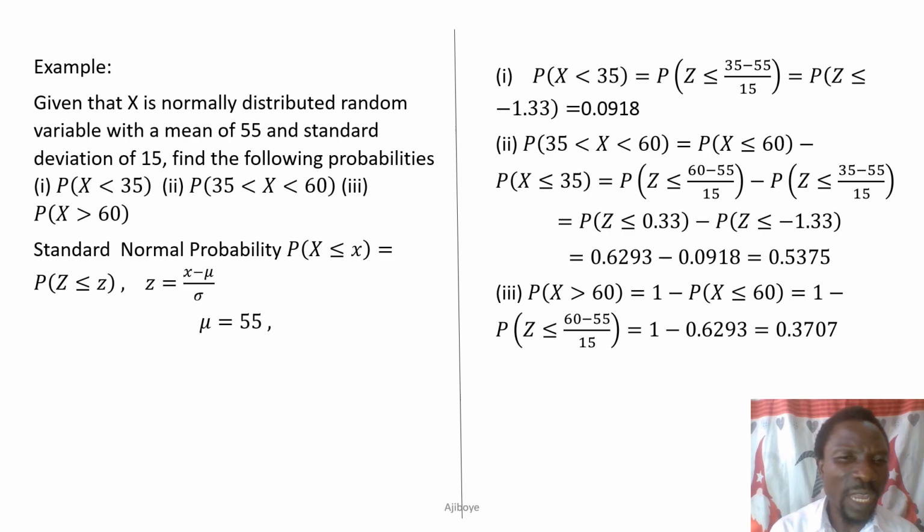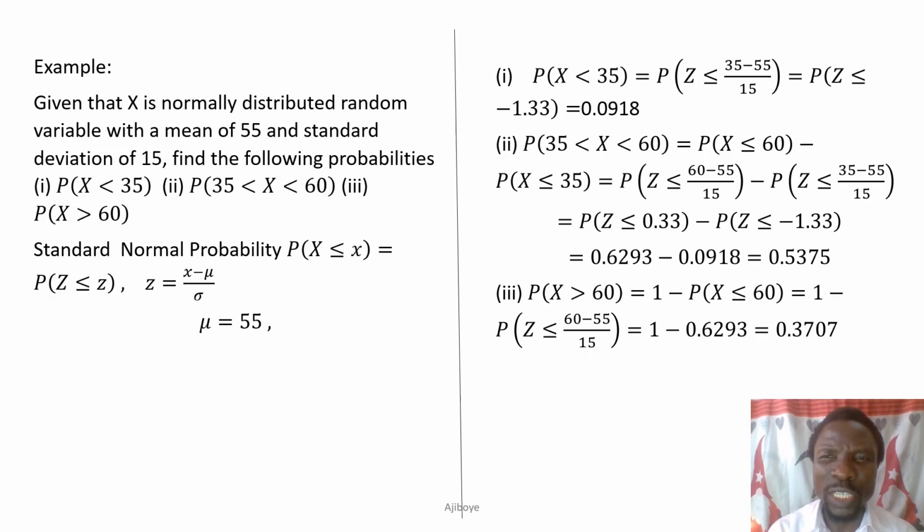In this question, our mu has been given as 55, the mean, and our standard deviation has been given as 15. So if we apply our understanding of the identities here in question one, probability of X less than 35 is equivalent to probability of Z less than or equals to 35 minus 55 over 15.